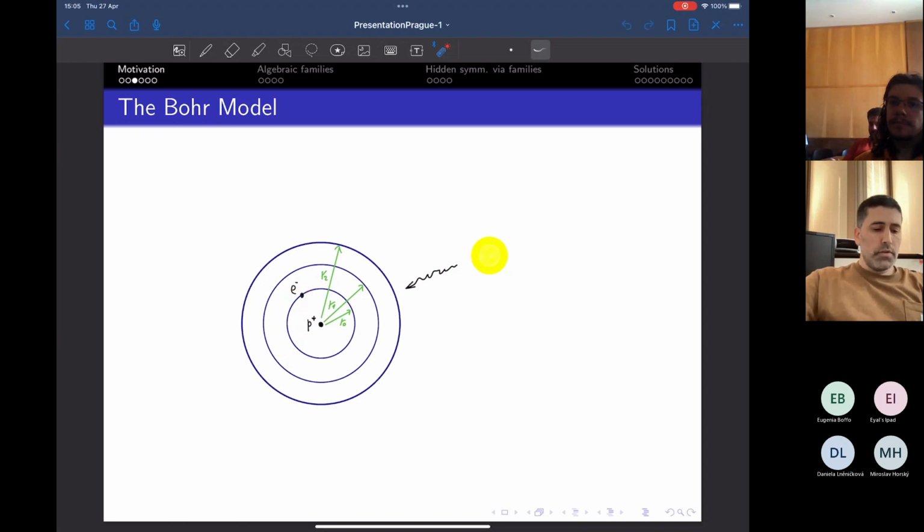So this is the typical state in which you will find a hydrogen atom. And if you give it energy, then the electron can go to one of the other layers, other orbits. And after some time, it would like to get back to the more stable state. So the electron will bounce back to the lower radius.